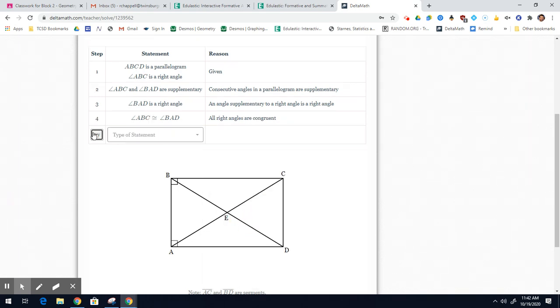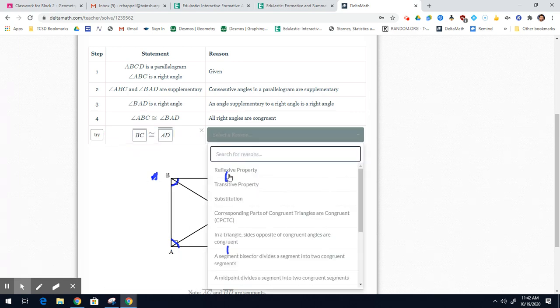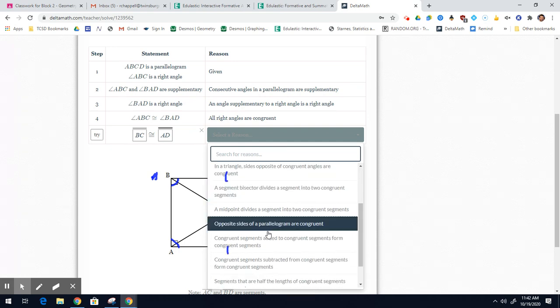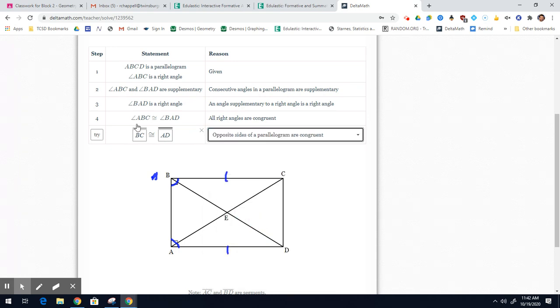But again, now the idea is between these two triangles, I have a pair of congruent angles. There's my angle pair. So now let's talk about BC and AD being congruent because they're opposite sides of this parallelogram. So segments BC and AD are congruent because opposite sides of a parallelogram are congruent right there.